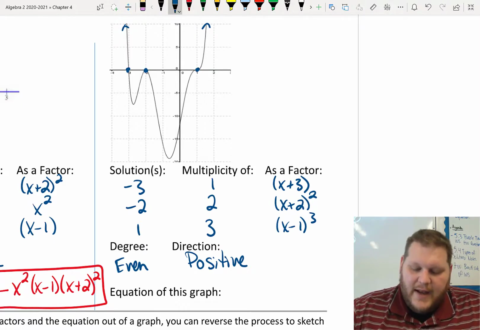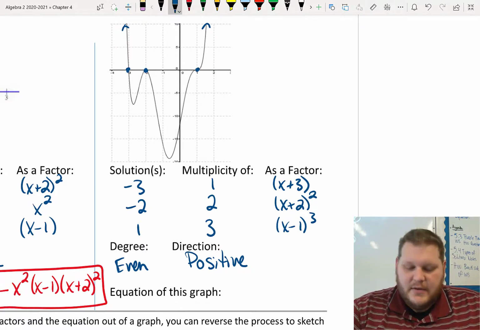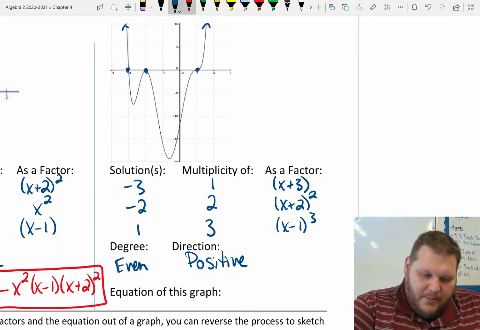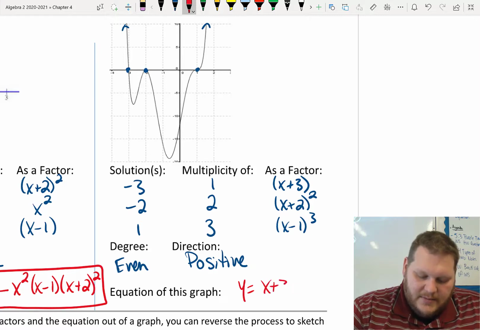And if you look at adding up all of your exponents for your factors, 1 plus 2 plus 3 is 6. So I am happy because it is even degree. So y equals x plus 3, x plus 2 squared, x minus 1 cubed. That would be my final answer there.